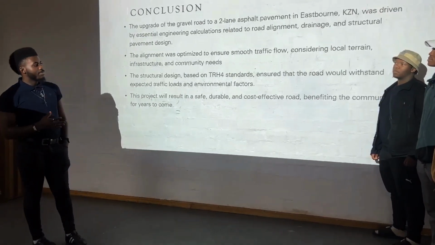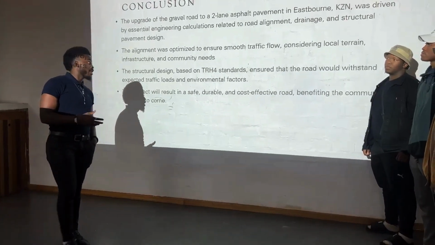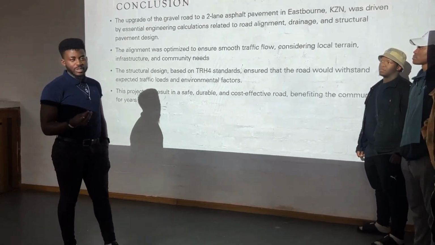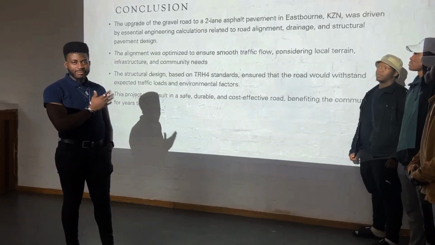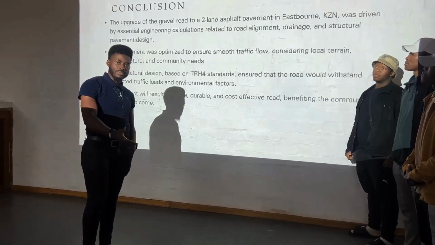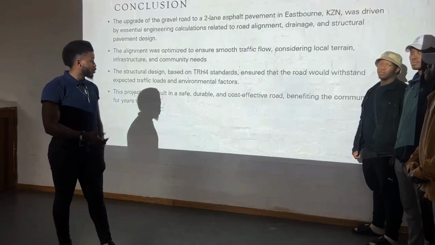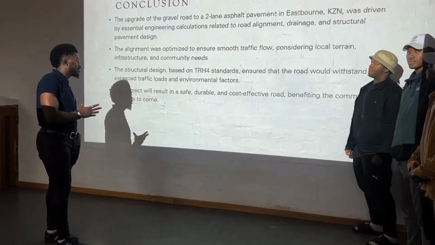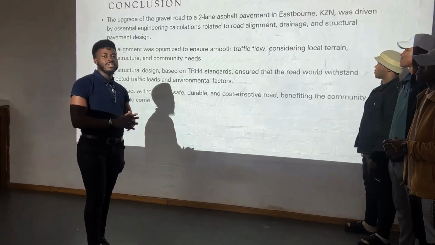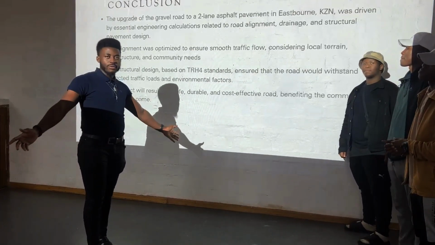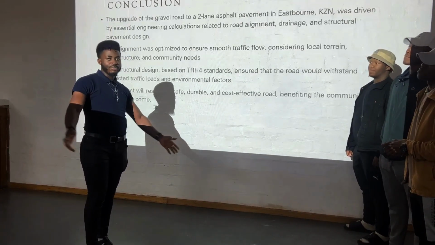The structural design based on TRH 4 standards ensures that the road will be able to withstand the heavy loads that would be applied to the pavement structure for years to come. This project will ensure a safe, durable, and cost-effective road, benefiting the community for its entire lifespan.